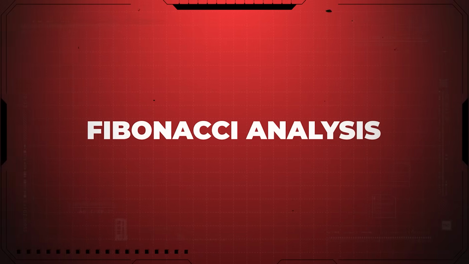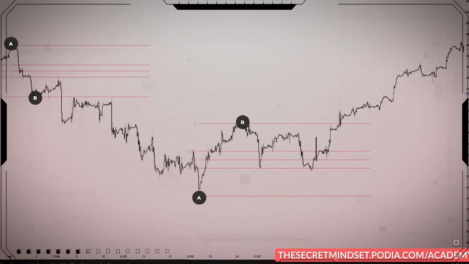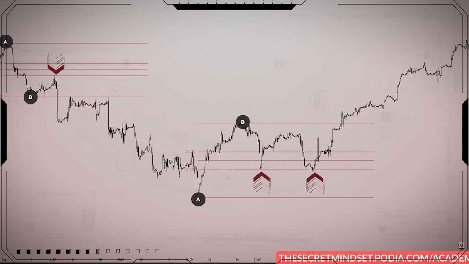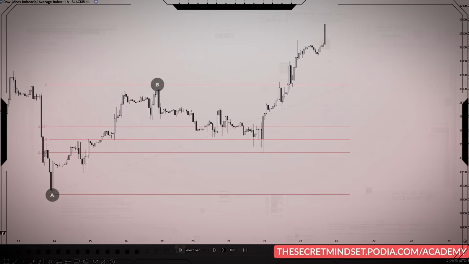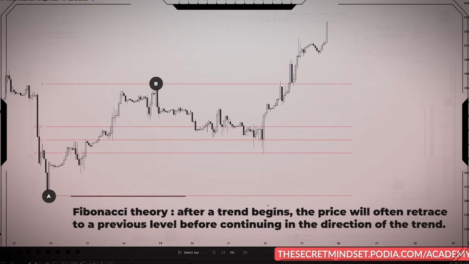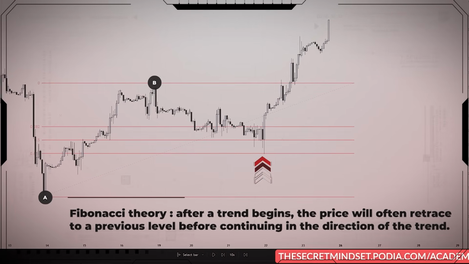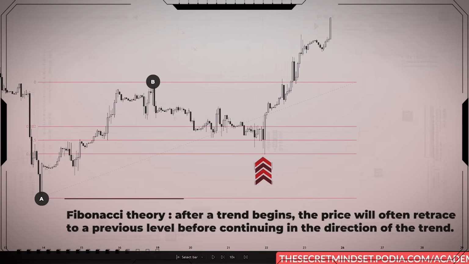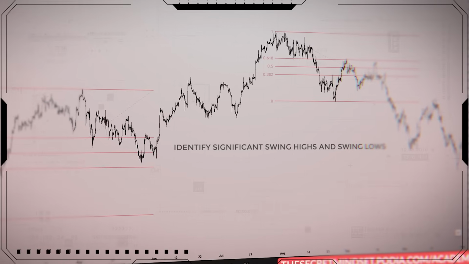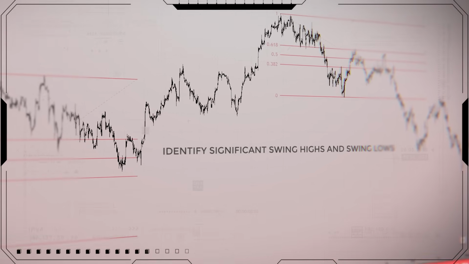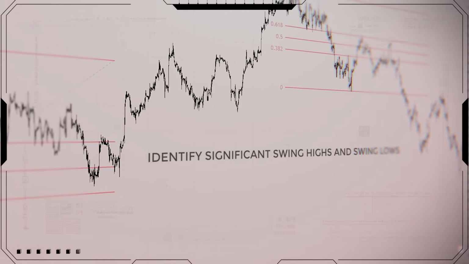Fibonacci retracements are one of the most popular tools in technical analysis, and they work best when the market is trending. The theory behind this is that after a trend begins, the price will often retrace to a previous level before continuing in the direction of the trend. To find these Fibonacci levels, you need to identify recent significant swing highs and lows.